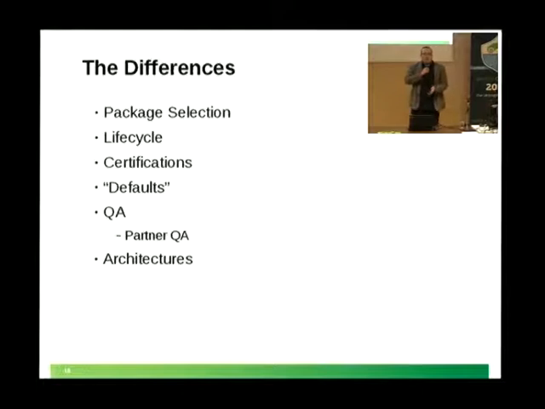But we are also getting partner QA on SUSE Linux Enterprise. What does partner QA mean? I talked about the hardware certification. So we're working together with all major hardware partners to ensure that our SUSE Linux Enterprise distribution runs on their hardware. Why are we doing this specifically?